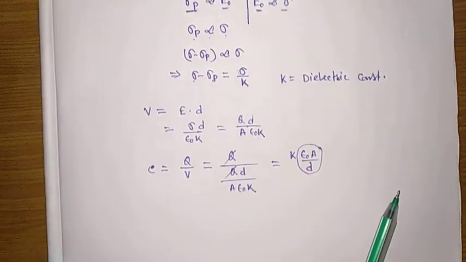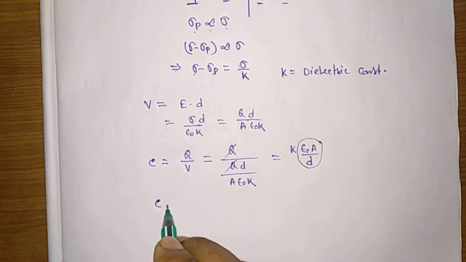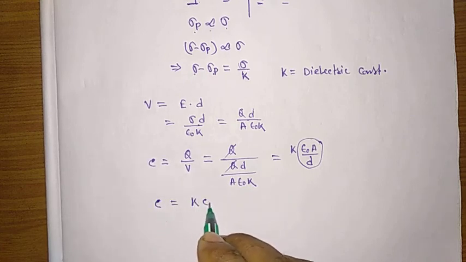So we can write C is equal to K C naught.